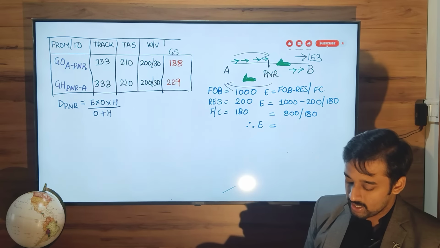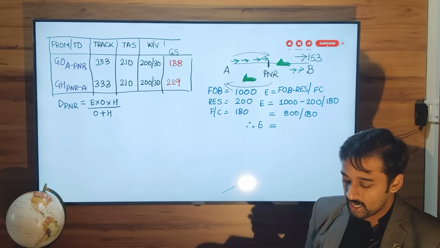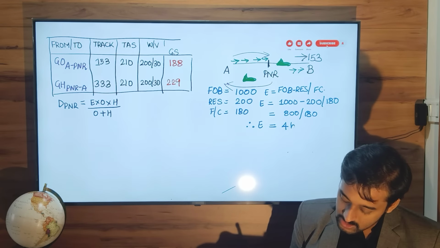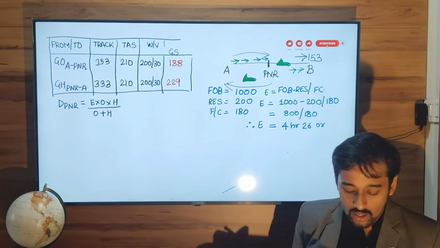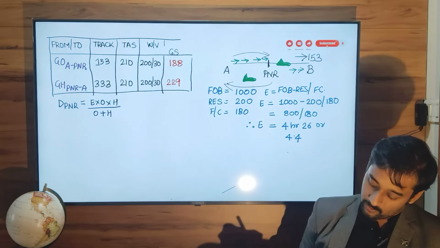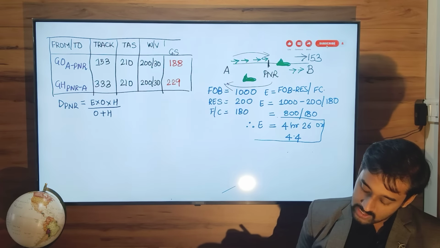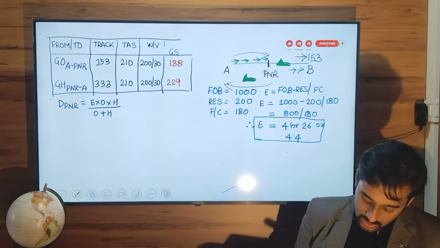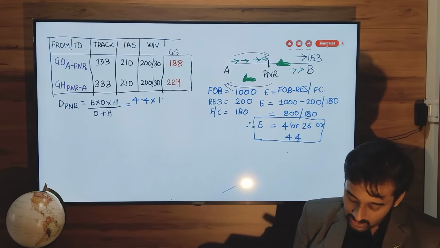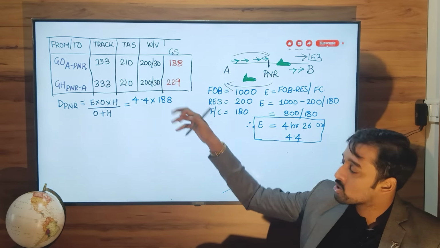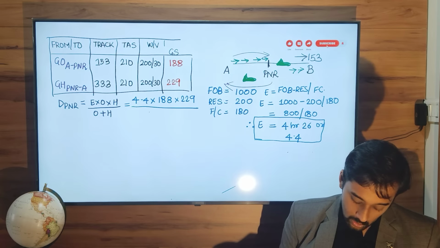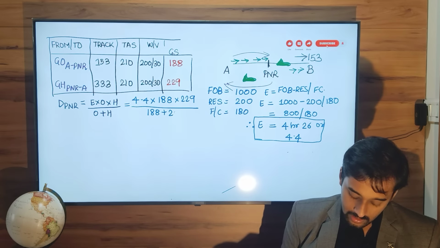So that is how much? 800 divided by 180 is 4 hours 26 minutes, or in decimal, 4.4. Now we will substitute this in your formula. So 4.4 into outbound speed 188 into homebound speed 229, divided by 188 plus 229.